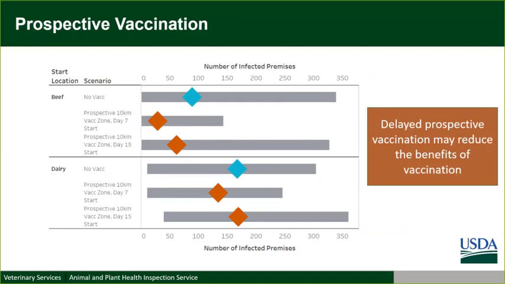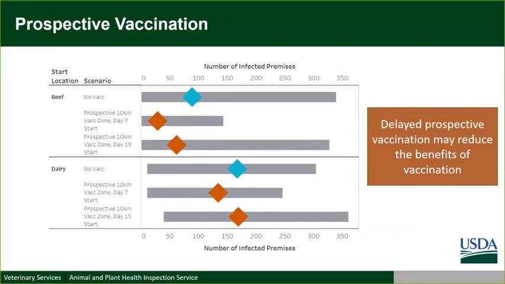That's compared to a 15-day start, where you either receive vaccine at day 15 or, because of logistics or other considerations, you don't start your campaign until day 15 after detection, and you're not going to go back and vaccinate around any infected premises before those 15 days.